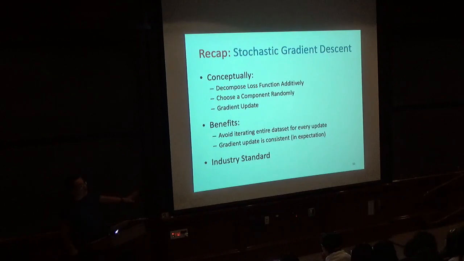They're a little bit slower because things hold in expectation, since the stochastic gradient has the same expected value. So things are a little bit slower in terms of number of iterations, but of course each iteration is so much faster, and it's the industry standard.